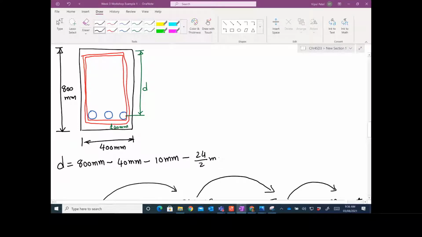If you use a calculator, you might get small d as 738 millimeters. That is the equation: d equals D, take away cover, take away stirrup diameter, take away Rio diameter divided by 2.